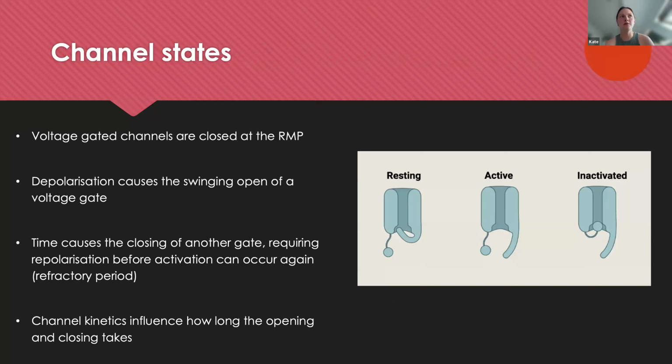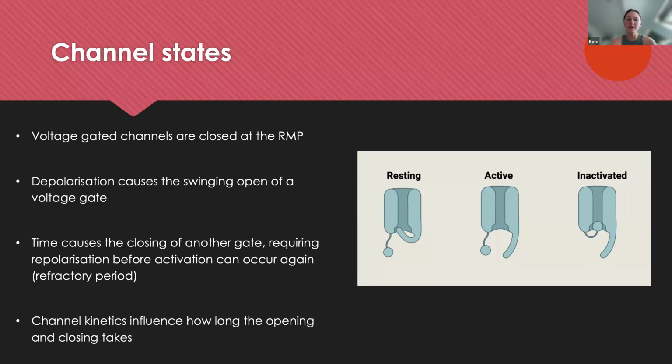I mentioned the sodium channel becoming inactivated. This is an important mechanism to understand. This is extra, but I think it helps understand the action potential. So these are the voltage gated sodium channels, and they're closed at resting membrane potential. Depolarization causes opening of a voltage gate, called the M gate, which is not labeled on the diagram.